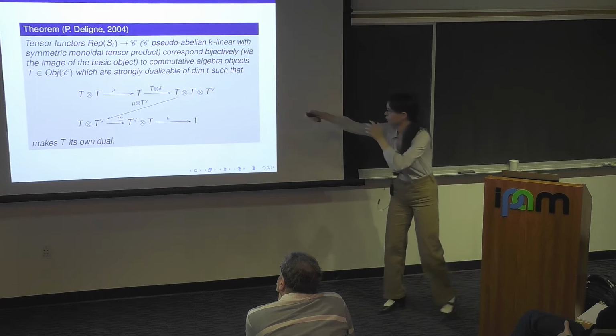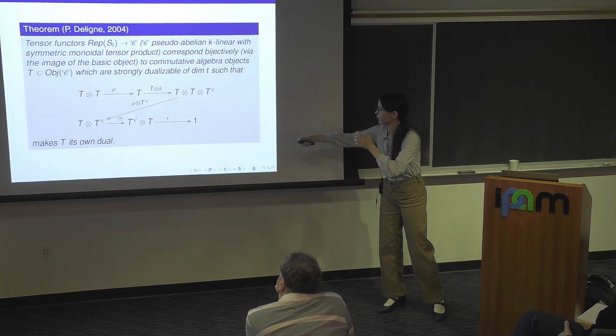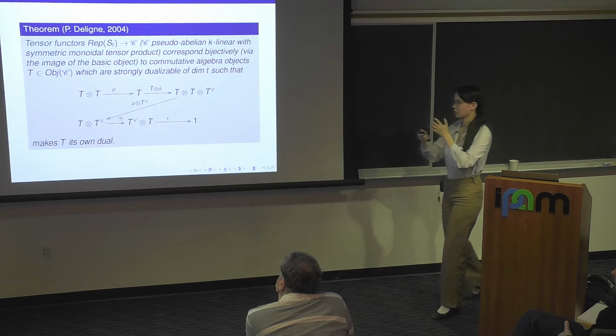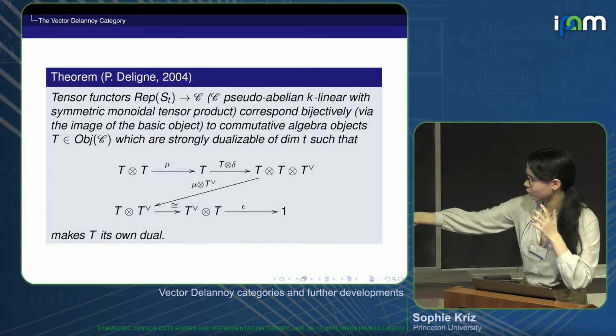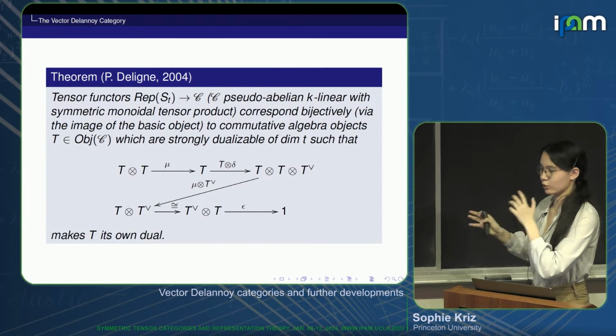So this is a composition of coevaluation, multiplication, and then evaluation again, such that this map from T tensor T to 1 does in fact make T its own dual.